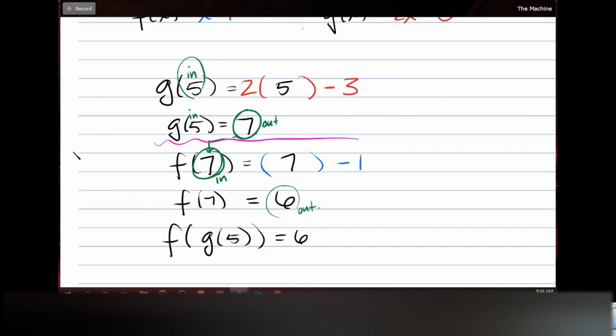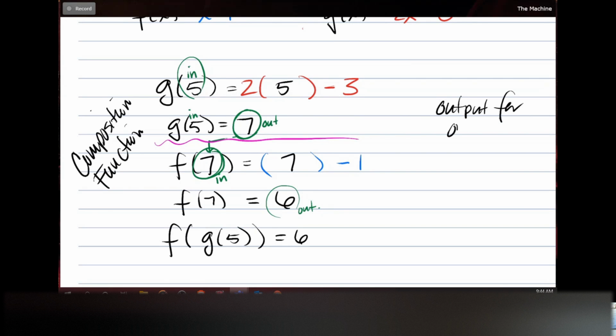This is a composition function, where the output for one becomes the input for the next one.